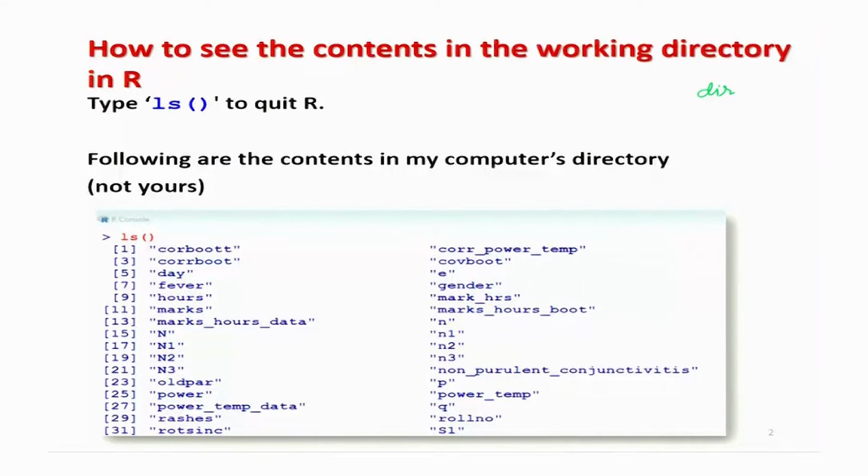Similarly, in the R software, we have a command ls, and if you write ls and this parenthesis, then you will get the contents of the working directory in your computer, not my computer, remember.